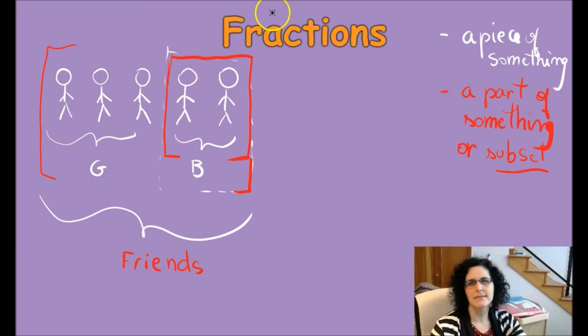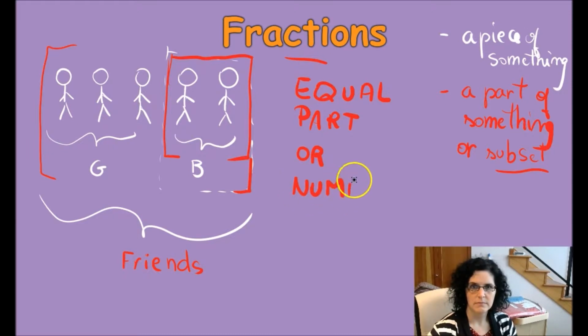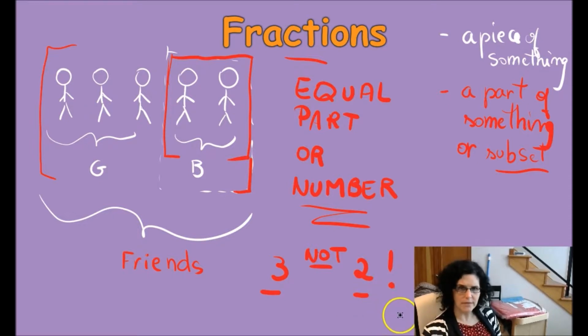But this is the important thing: a fraction has to be an equal part or number. Ms. J, now I'm totally confused. 3 girls is different, not 2 boys. 3 girls is not 2 boys.